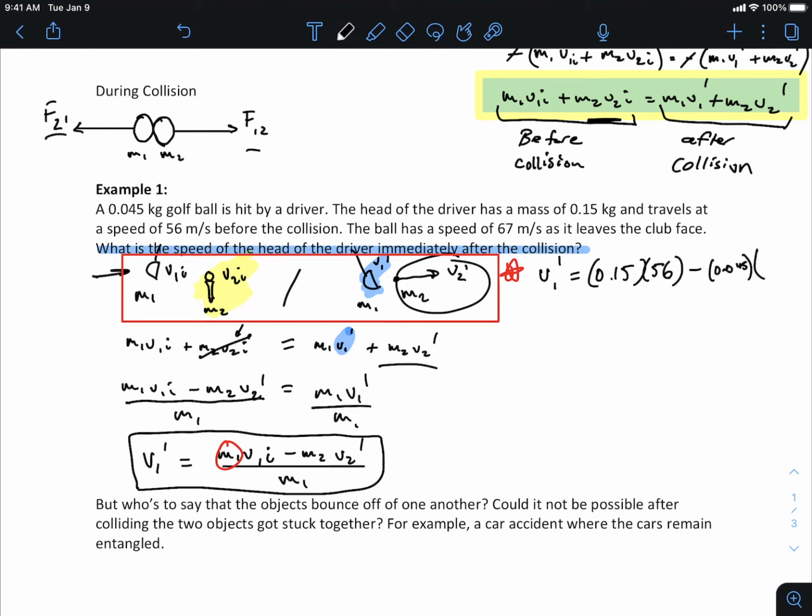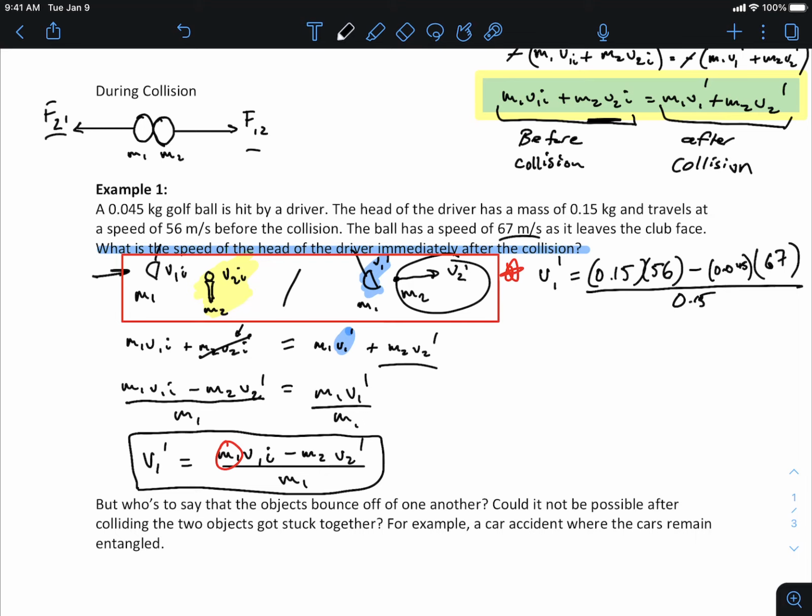the velocity at which the golf ball leaves, right? And we have devices to measure this sort of stuff. Golf simulators and things like that can measure the ball speed and spin rates and everything. They're quite incredible, actually, the machines. And so this golf ball leaves at 67 meters per second, and we need to divide that all by the mass of the driver head, M1, which is going to be 0.15.